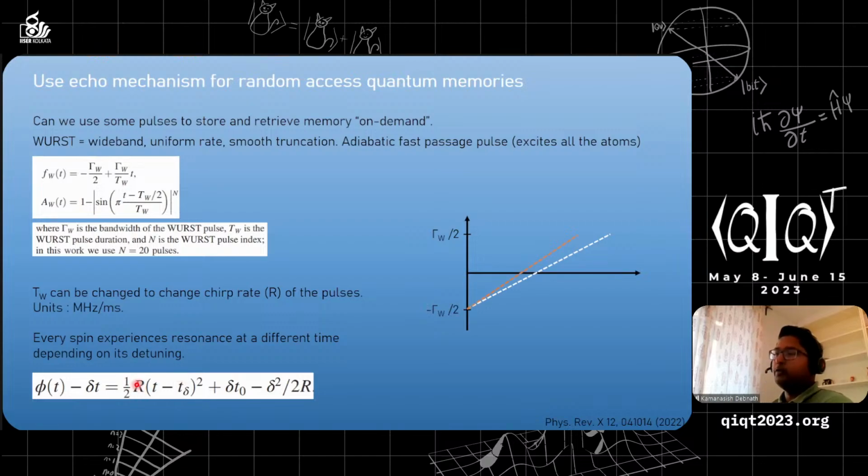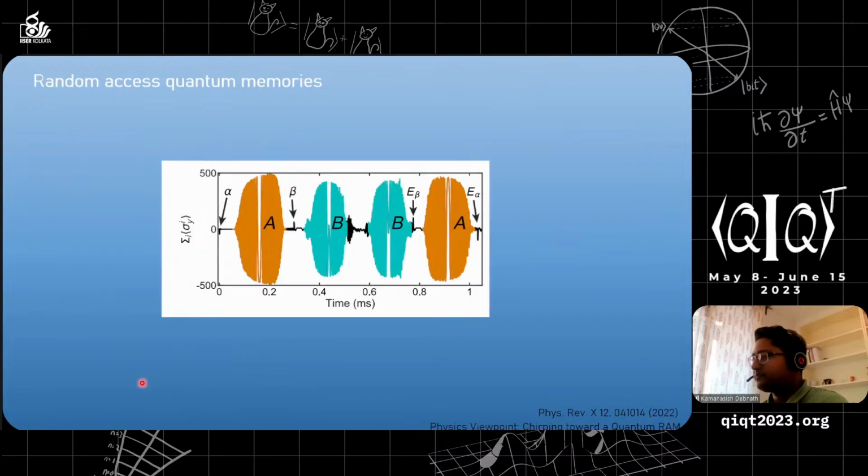Now, if you want those atoms to be refocused so that we can get the memory out, you need to give the same phase back by applying the same chirp pulse, because otherwise they won't come in phase. And we will use the same principle for storing multiple memories.